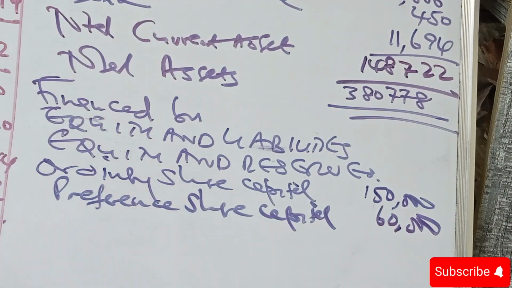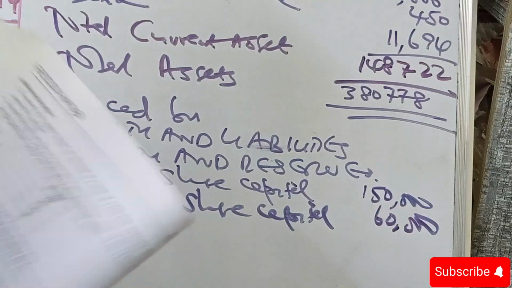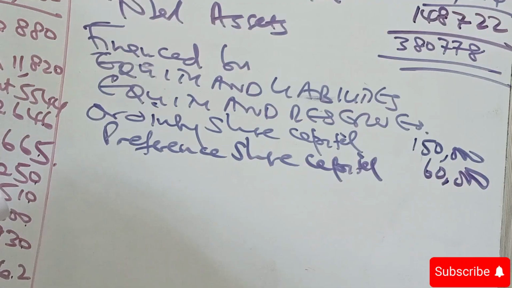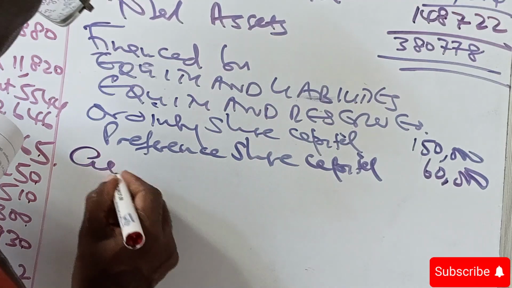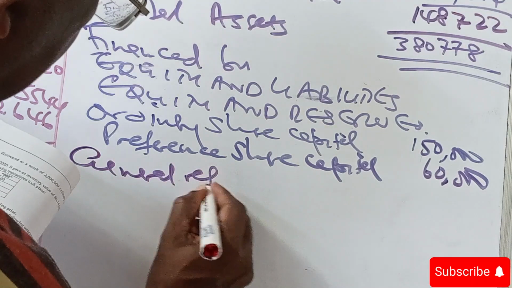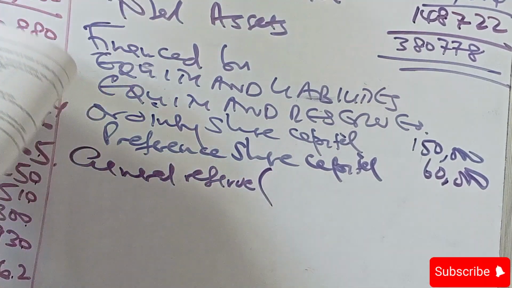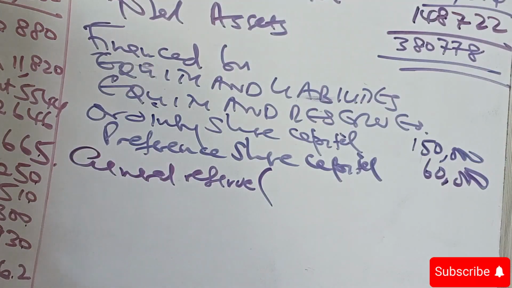Then we get to general reserves. If you look at the trial balance, we have general reserves amounting to 42,000.